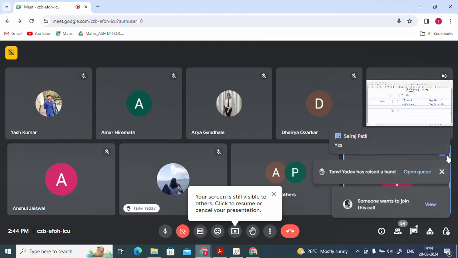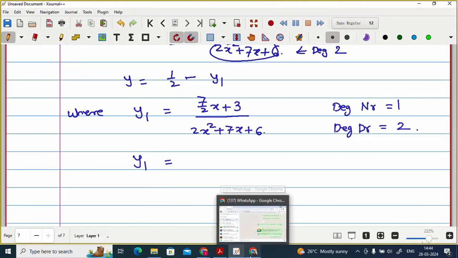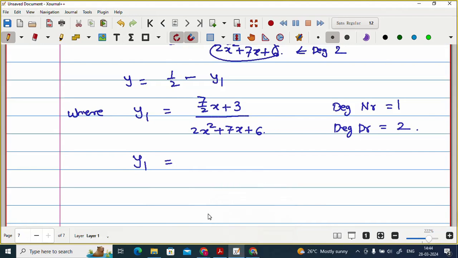So we can apply here the partial fraction for y1, that is 7/2x plus 3, because we have the degree of numerator less than degree of denominator.